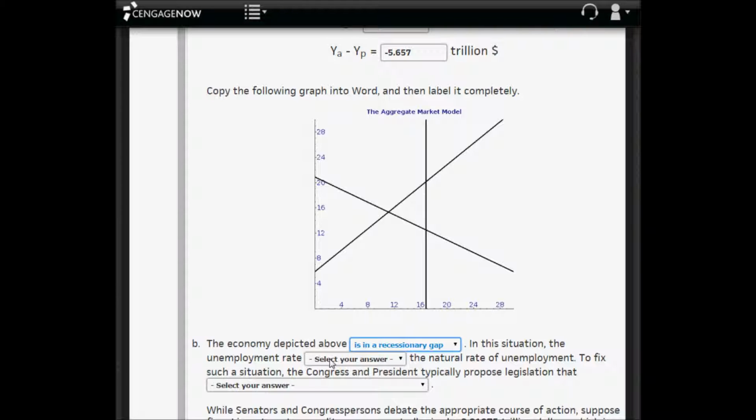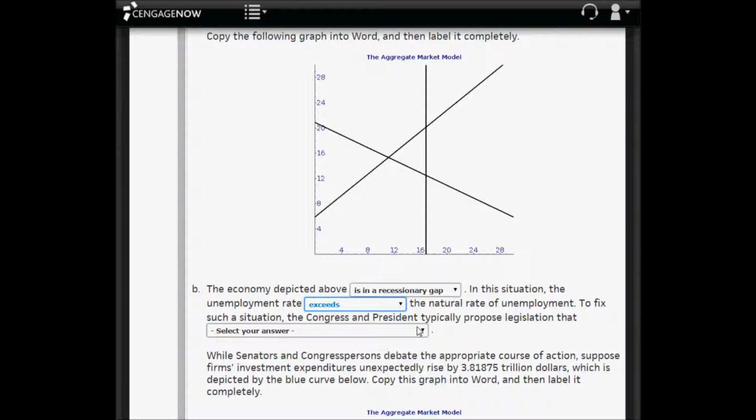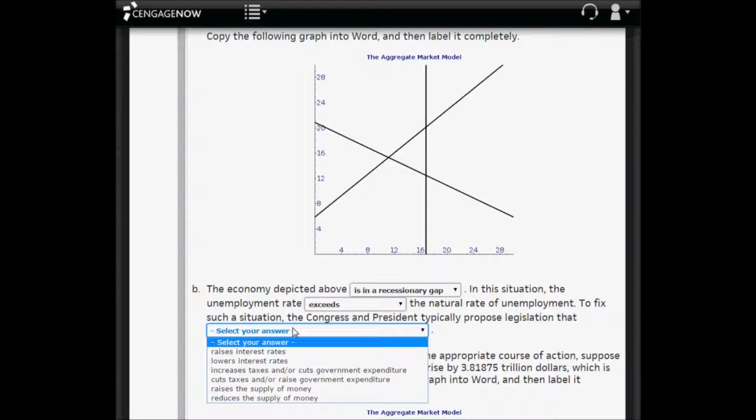The unemployment rate is going to be high, which means it exceeds the natural rate of unemployment when we're in a recessionary gap. To fix the situation, the Congress and President typically propose legislation that cuts taxes and/or raises government expenditure.